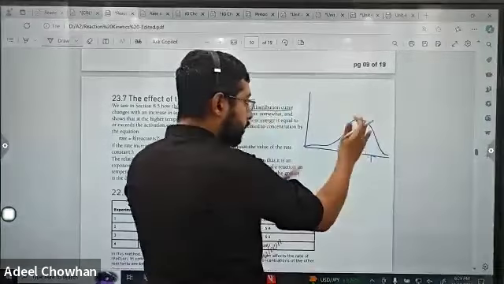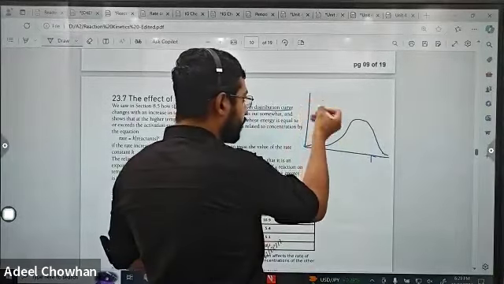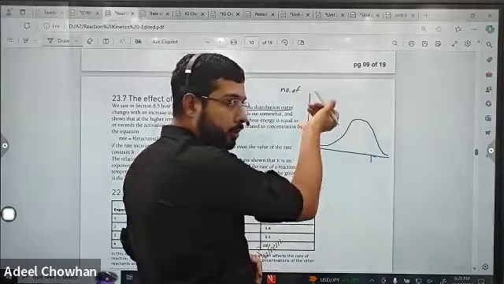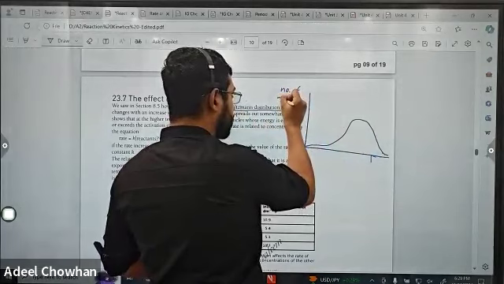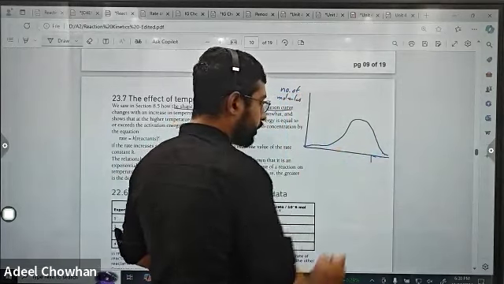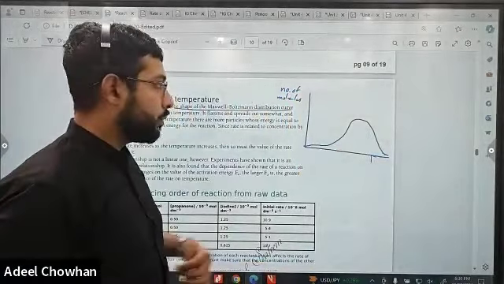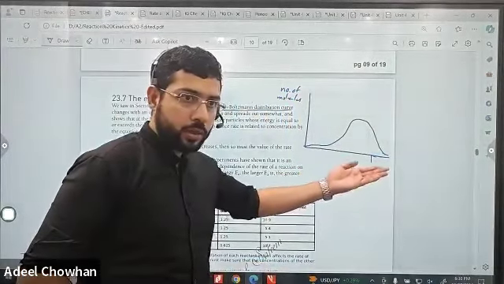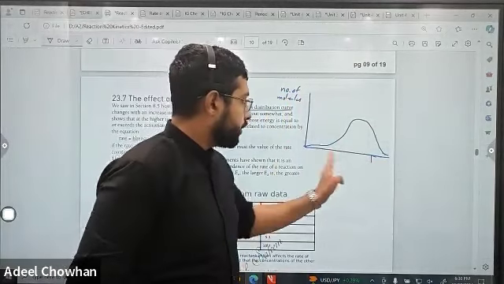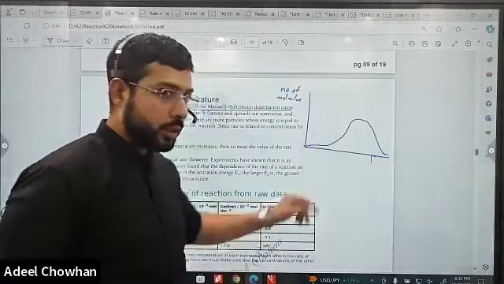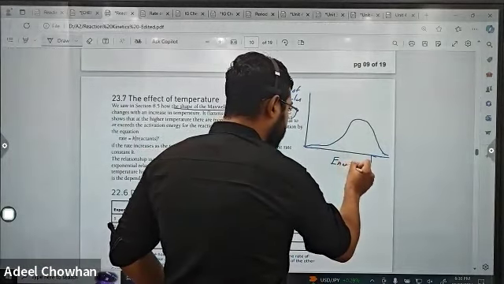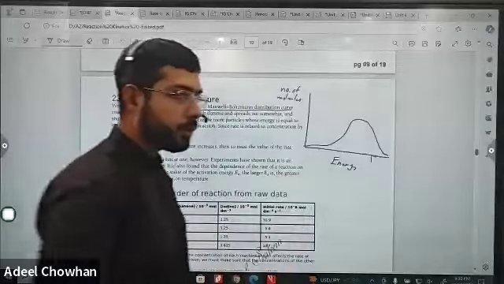And this whole peak represents the number of molecules, or population of molecules. The number of molecules is on the y-axis, and on the x-axis we indicate the energy, with the activation energy marked on it.